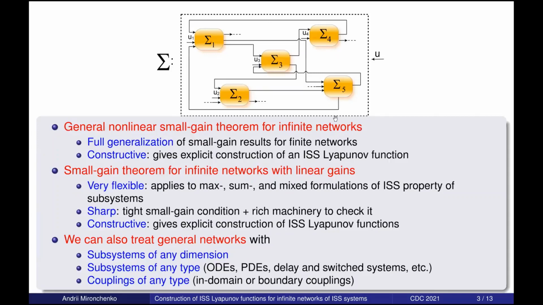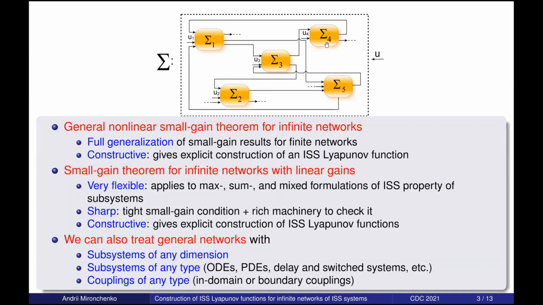In this result, we assume that the subsystems are nonlinear and also the interaction of these subsystems is of nonlinear nature. We also do not assume any kind of spatial invariance assumptions. And for this class of networks, we show that if the interaction between subsystems satisfies the small gain condition, then the whole network will be stable.